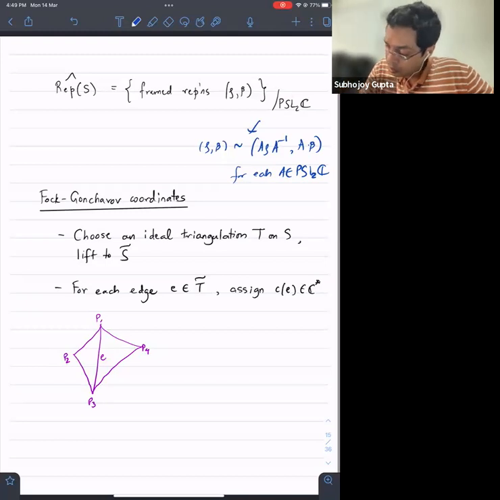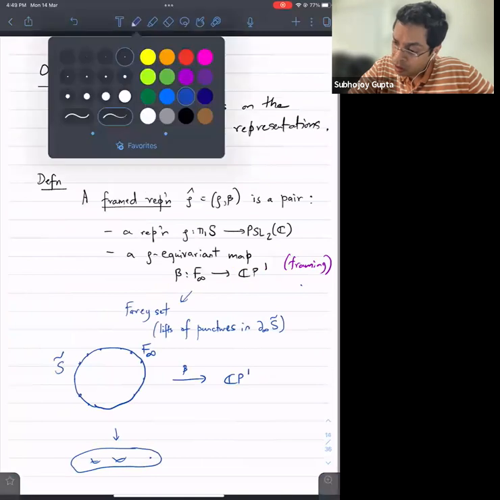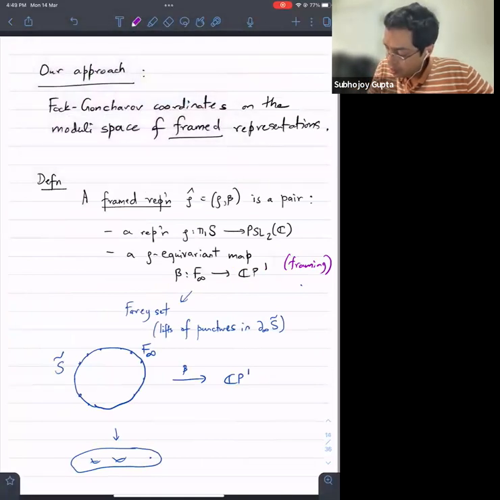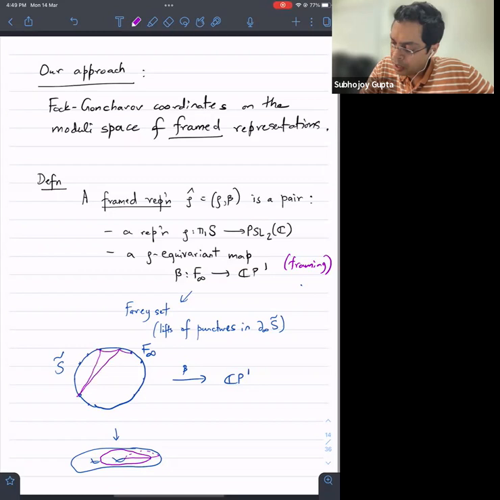So let me go back to this picture. I'm not going to attempt to draw an ideal triangulation on the surface downstairs, but there you can have a triangulation where the vertices lie at the punctures. Okay, here there's just one puncture. In the universal cover, you will have a picture of the triangulation, a lift of the triangulation like this.